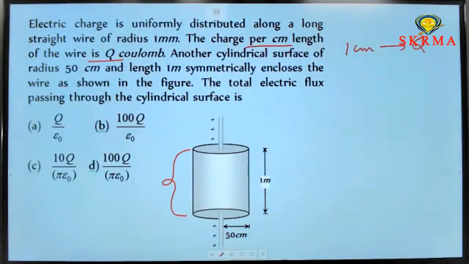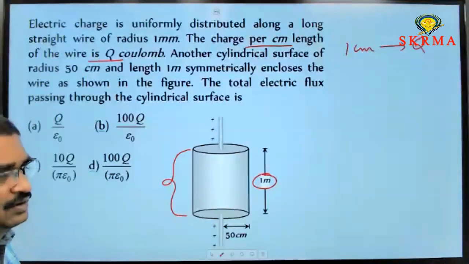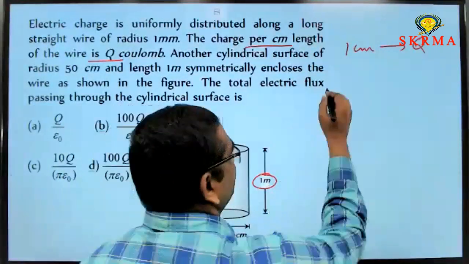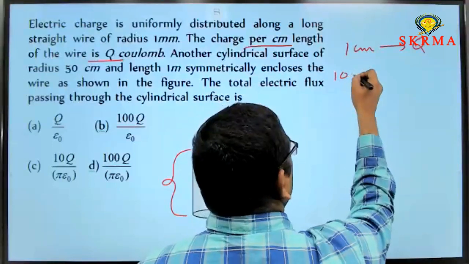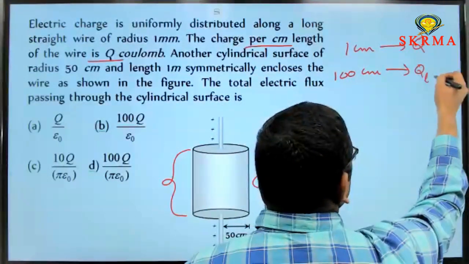The length of the cylindrical surface is 1 meter. What is the charge enclosed by this surface? 1 meter means 100 centimeters. Let the charge be Q total.